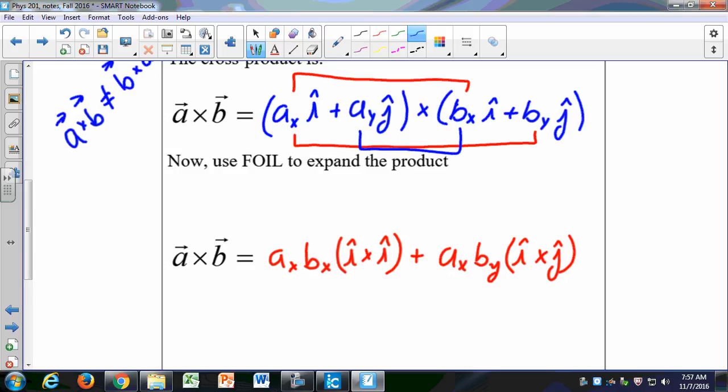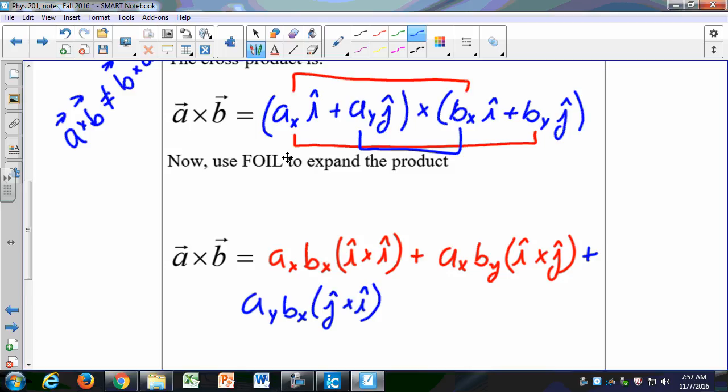AY, BX, J cross I. I'm being careful to get my quantities correct here. So, for example, when I do inner, I have to do J cross I, not I cross J. So as you're going through and doing your cross product, just be careful that you get the right order of your unit vectors within it.